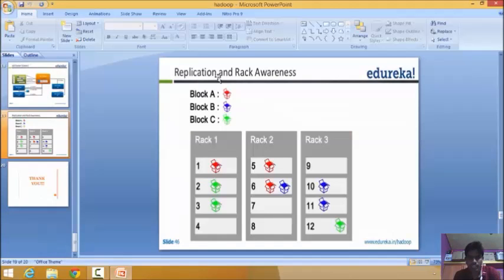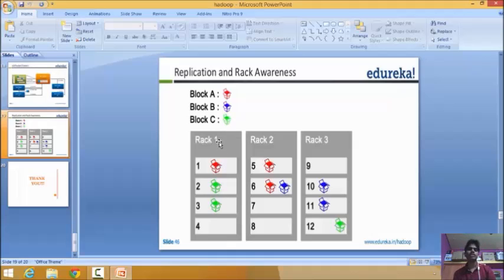Here, replication and rack governance. We will discuss this in further tutorials. Let's just have a brief introduction about this. We have three blocks A, B, C, in red, blue, and green color.